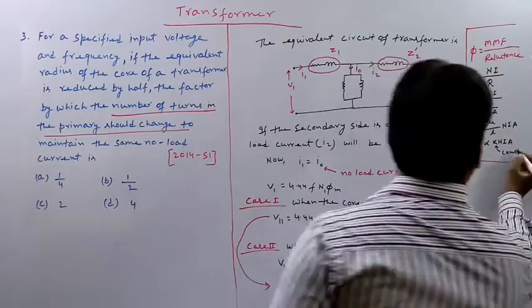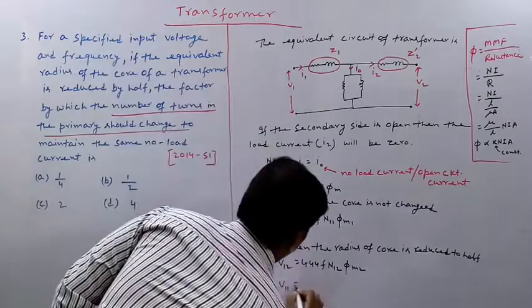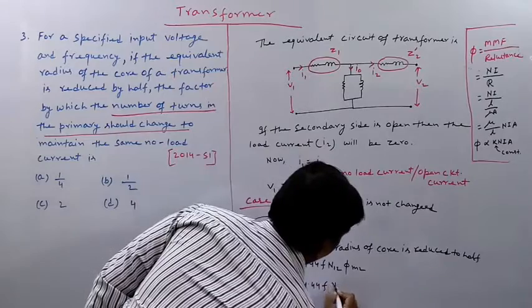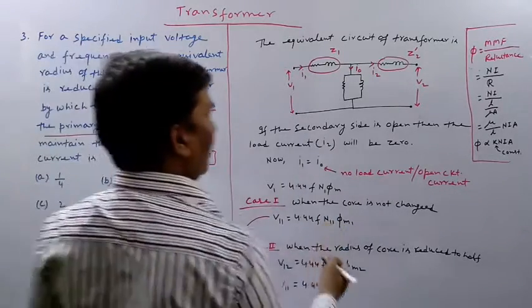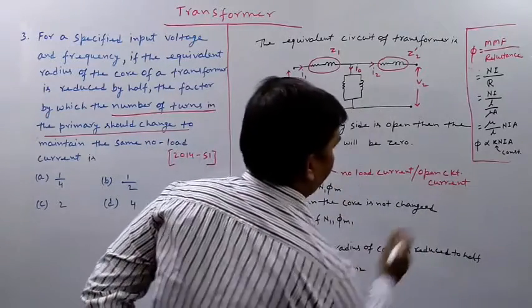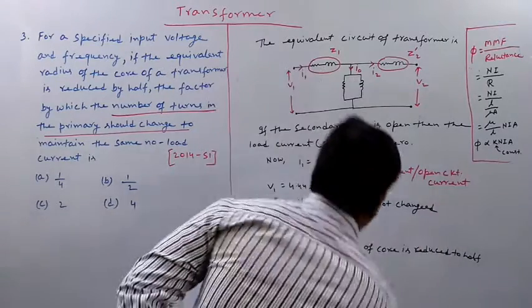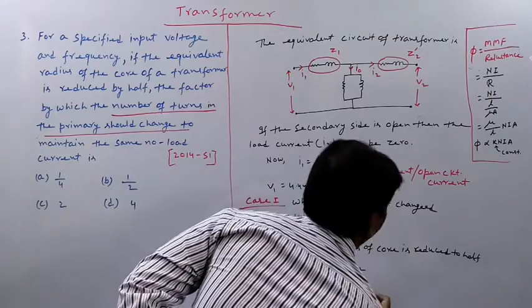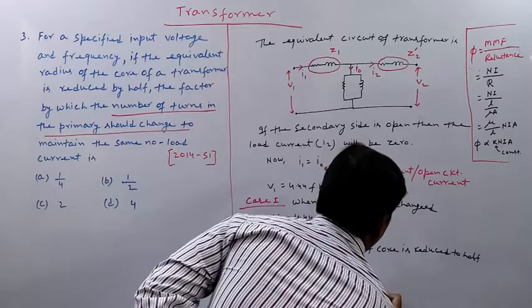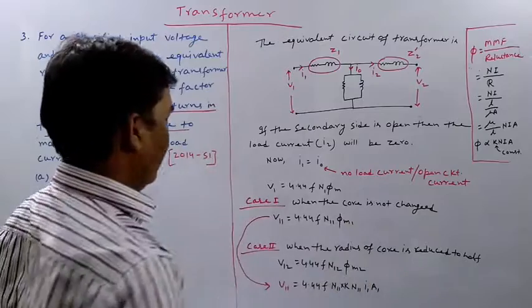Now V11 will be nothing but 4.44 f N11, and in place of phi m1 we write K N11 I1 A1, because the area here is A1.